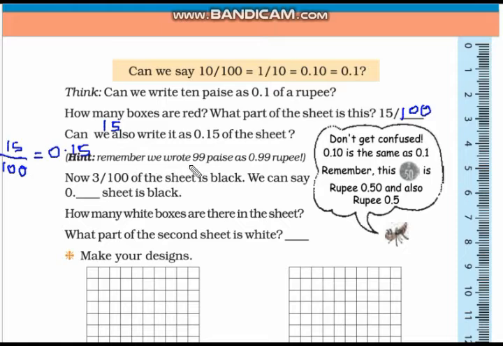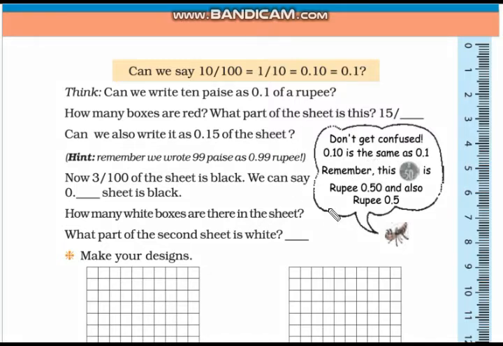Remember, we wrote 99 paise as 0.99 rupee in the topic Practice Time, Match This. We have written 99 upon 100 is equal to 0.99 rupee. Now don't get confused. 0.10 is the same as 0.1.